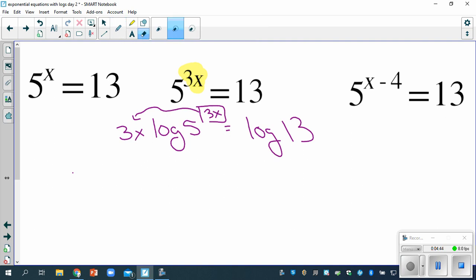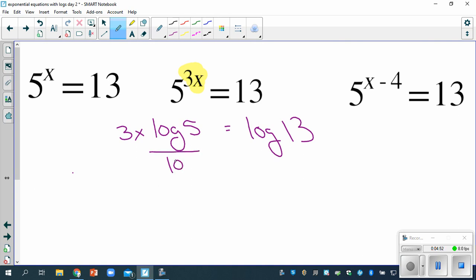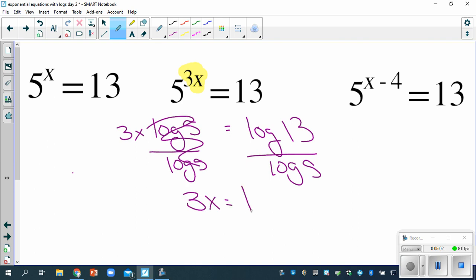So here's what I got. Let's get rid of all that stuff now. I'm going to divide both sides by log 5. Get out of here, log 5. Those guys cross out. So I have 3x equals, and we already did this one, 1.59, but I don't want 3x.